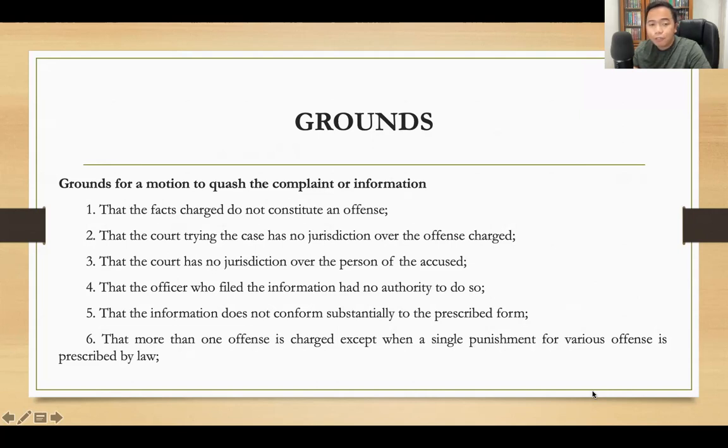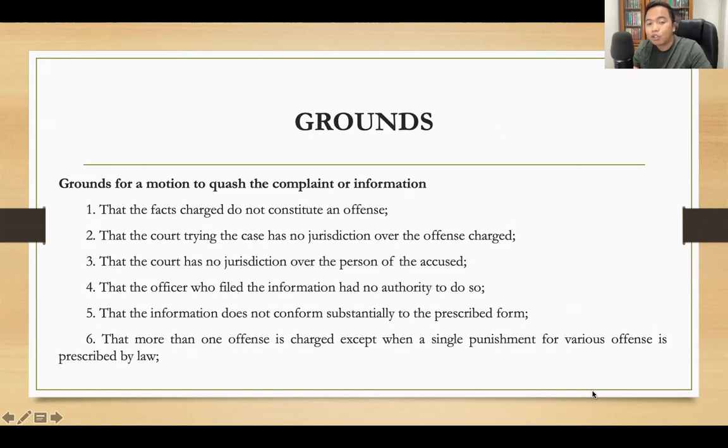Now, what if the information has been filed by the deputy city prosecutor? Is the information valid? Answer, no. The information is not valid because under the rules on criminal procedure, only the city prosecutor can file an information in court. What if it has been filed by the deputy city prosecutor or the assistant city prosecutor?